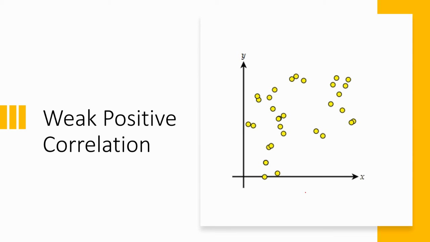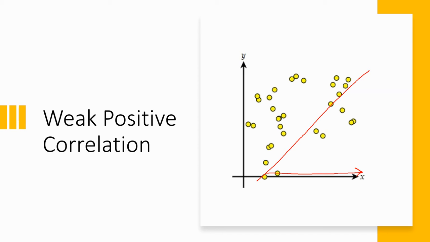Again, it's weak, but I do have a positive correlation. What do I mean by that? Look over at the left. I've got some dots up here, but some of these dots are on the low side. As I move left to right, the dots are going upwards, and they're hanging out up here.